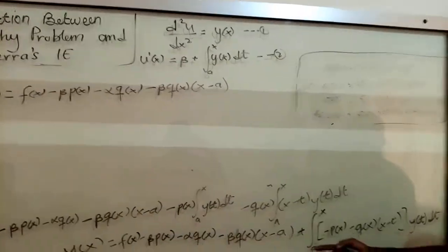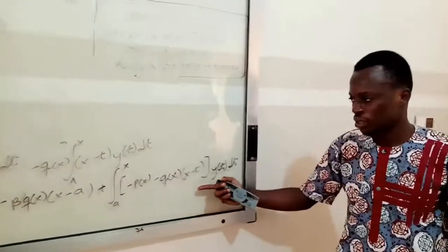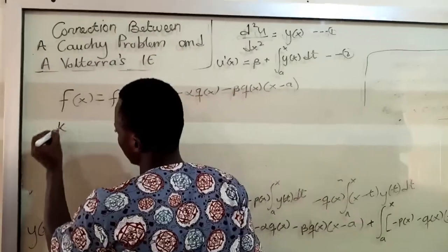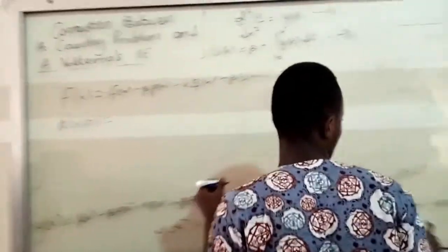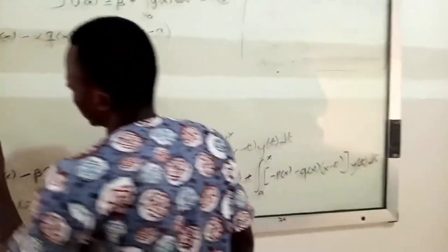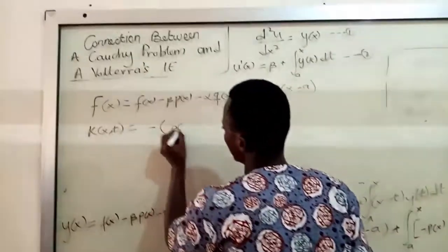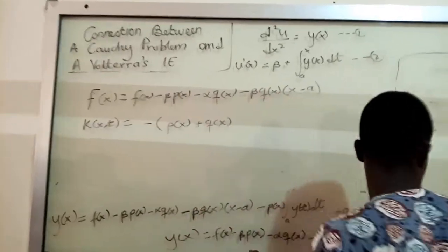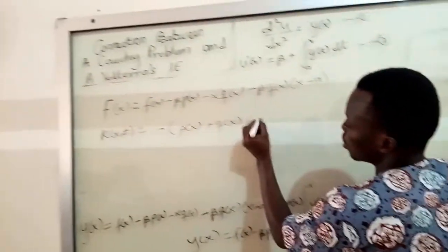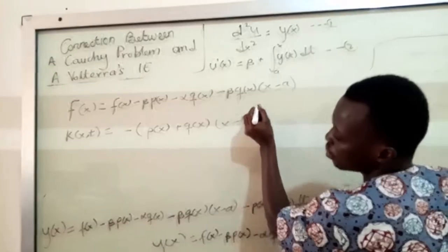And let this side be our kernel, which is the same as bringing the minus out, so you can rewrite it as minus p of s plus q of s into bracket s minus t.